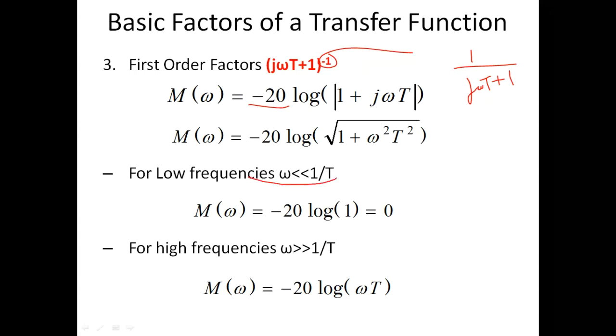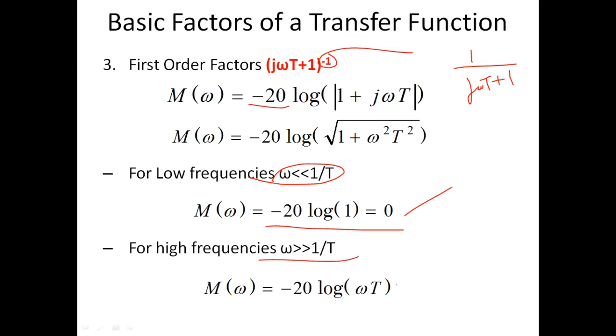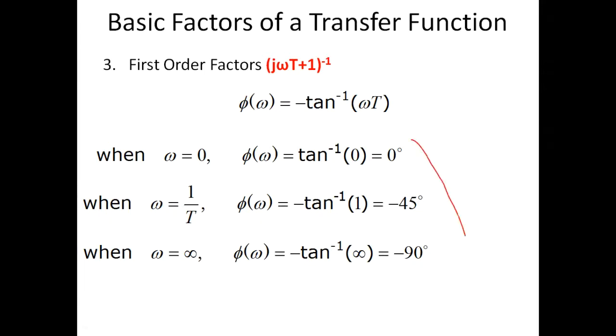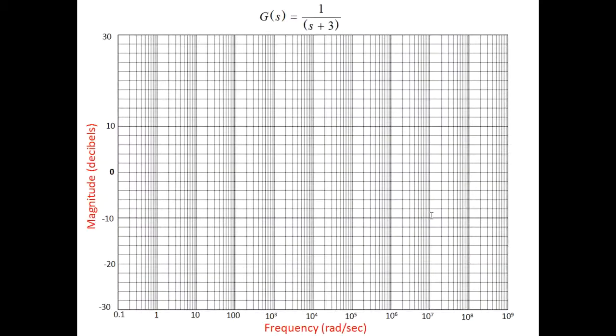For low frequencies, that means if w is less than 1 over T, the magnitude will be 0. And for high frequencies, the magnitude will be -20 log wT. And for the phase angle, for w equal 0 it is 0 degrees, for 1 over T it is -45, and for infinity it is -90 degrees.